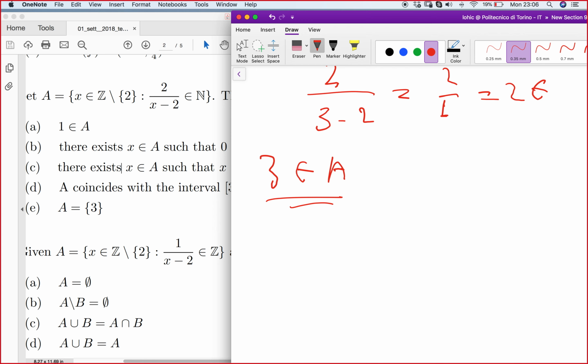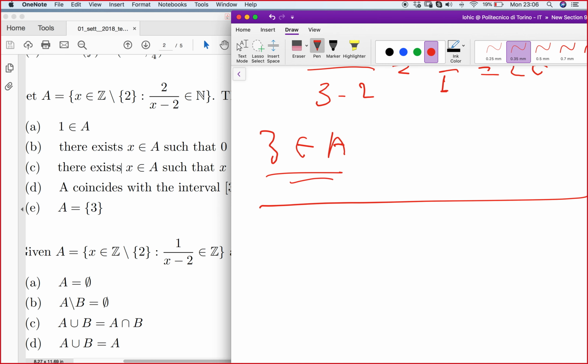Is that clear? Good. Going back to the question, the first condition is very easy to check. It just says that x should be an integer number, but not 2, right?